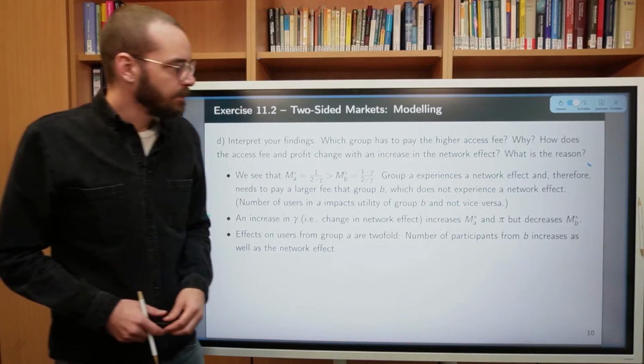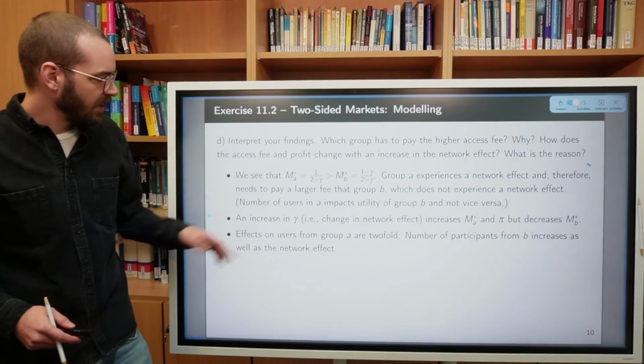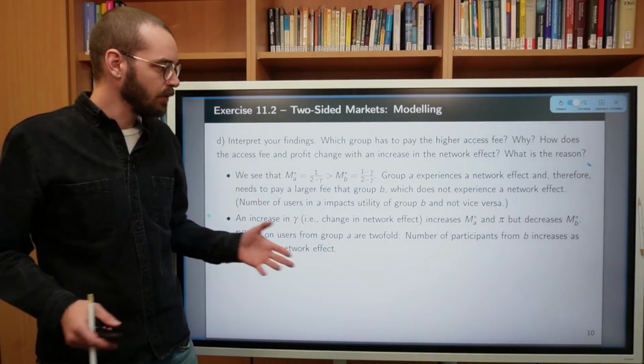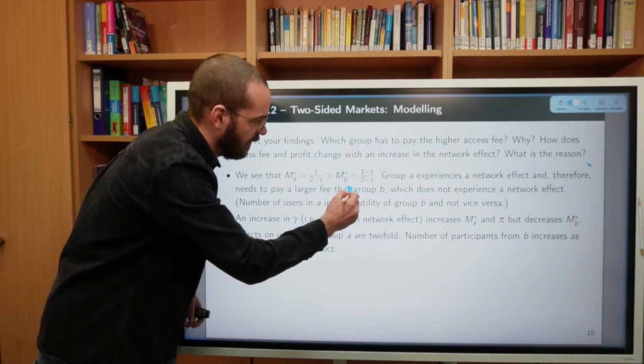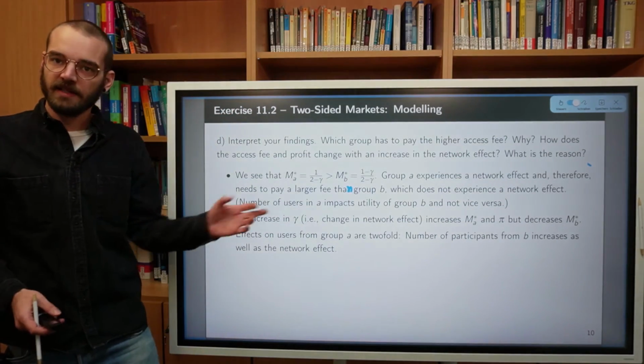So, yeah, group A experiences a network effect and therefore needs to pay a larger fee than group B, which does not experience a network effect, right?